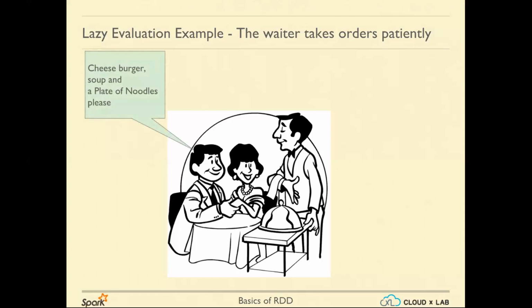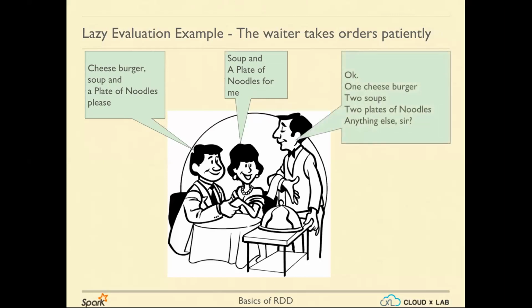Say you ordered a cheeseburger, soup, and a plate of noodles, and your spouse ordered soup and a plate of noodles. So you can see that there are common orders between the two. Now the waiter listens to your orders carefully and tries to club the orders. One cheeseburger, two soups, two plates of noodles, right? Anything else, sir?